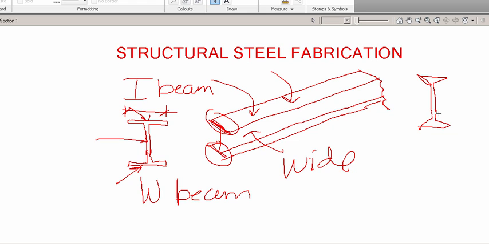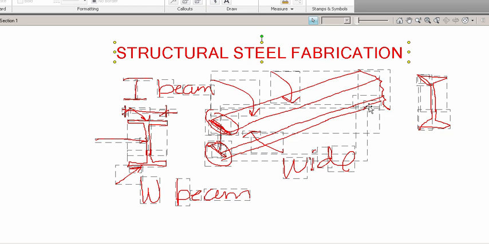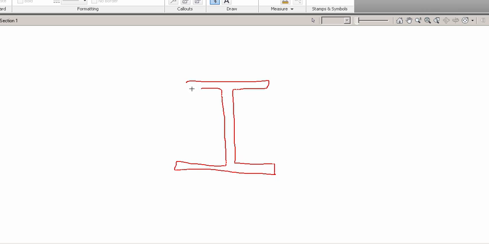The reason we like W-beams in steel fabrication, and why they're shaped to be wide, why they have that wide flange, is going to be a little lesson in engineering mechanics, or deformable solids as we like to refer to it.